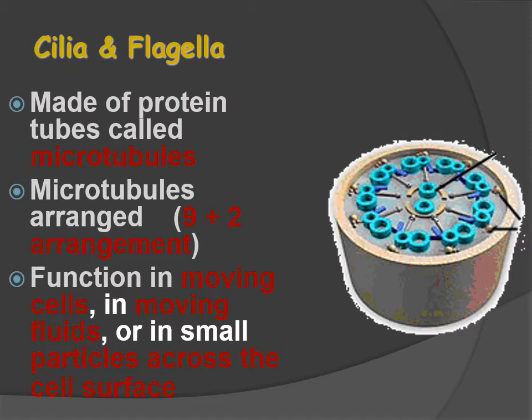They move the cells themselves. They also move fluid around. We've seen cilia on the surface of cells, especially when we get into tissues and you do it in the lab, you will see pseudostratified columnar epithelium with cilia on the surface, so it allows things to move on the surface of the cell as well.